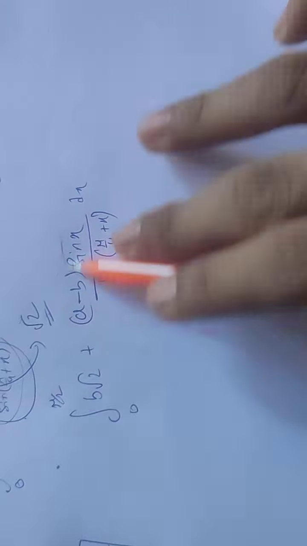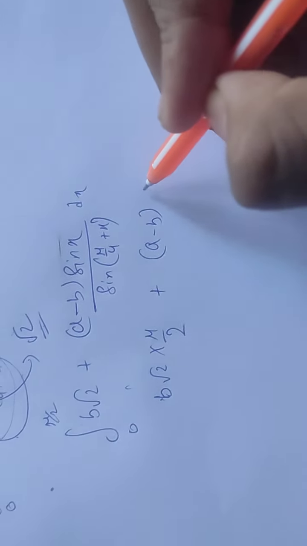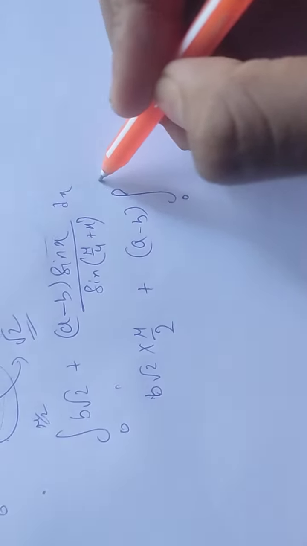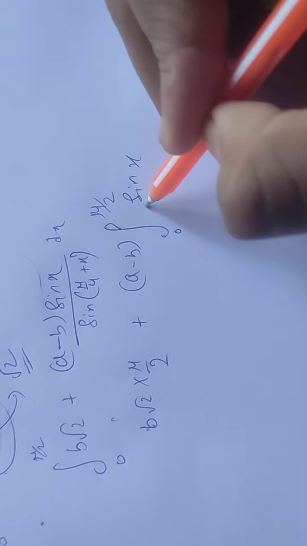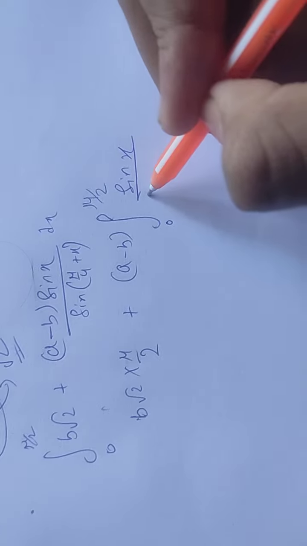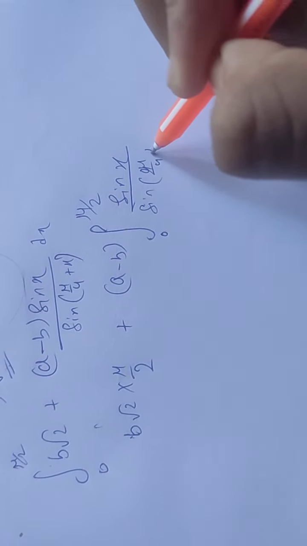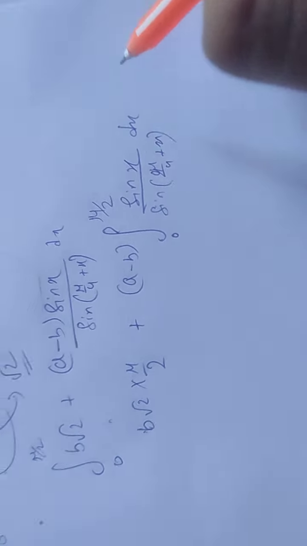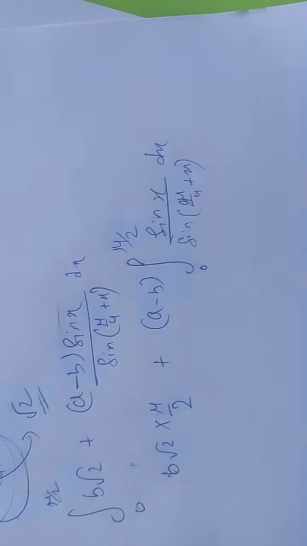You can just take it out here, and it would become b root 2 into pi by 2, and plus a minus b would come outside, integral of 0 to pi by 2, and here it would remain sin x upon sin(pi by 4 plus x) dx, right?